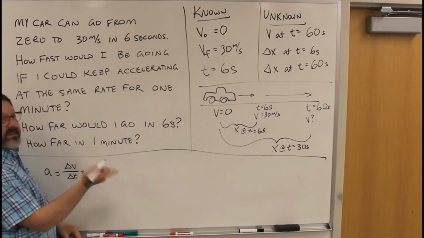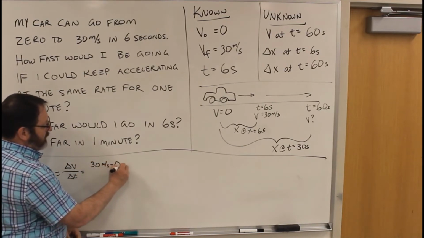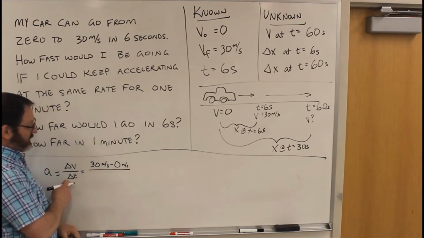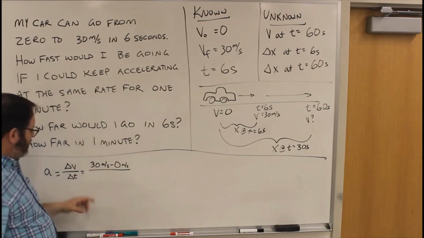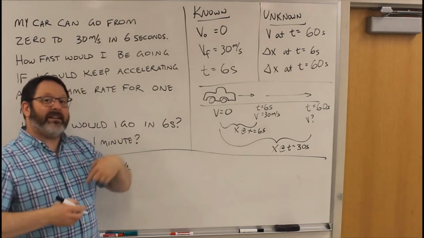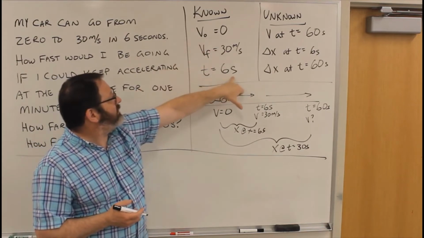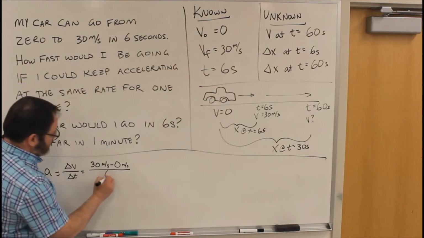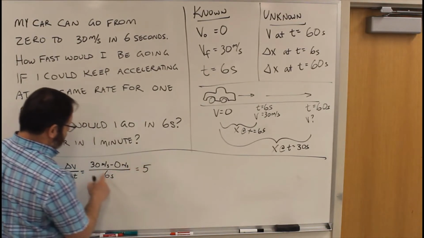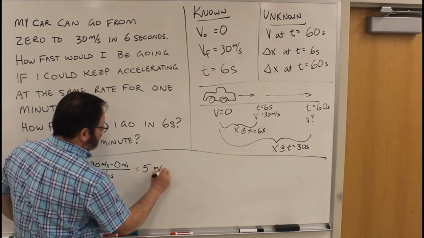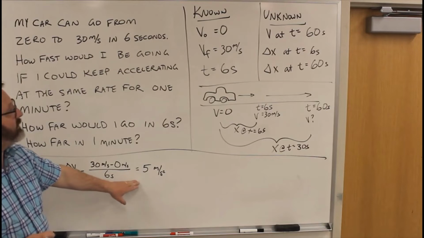So delta V, that's the change in V. So that would be the final, 30 meters per second minus 0 meters per second over the delta T. Remember I said I'm going to call that T, but it could also be delta T sometimes because this is T final minus T initial, and T initial is 0. So that's 6 seconds. So this is 30 divided by 6, so that is 5 meters per second squared. All right, so I've got acceleration, 5 meters per second squared.